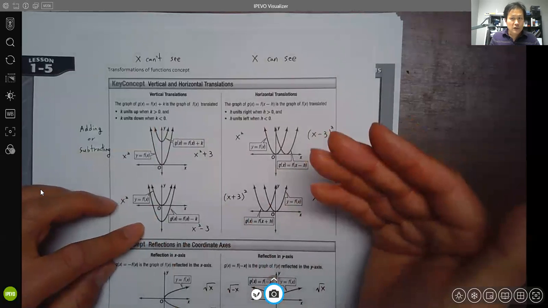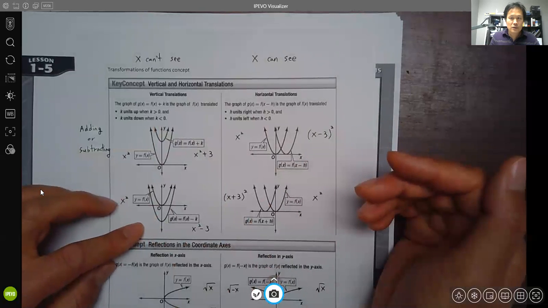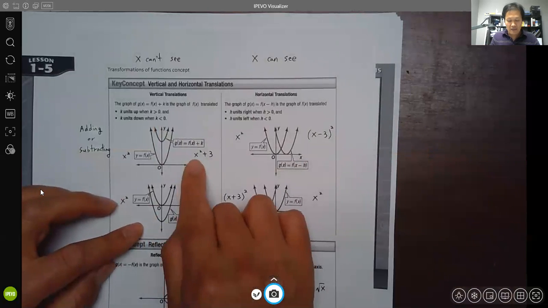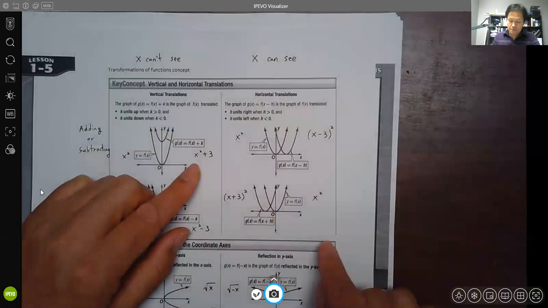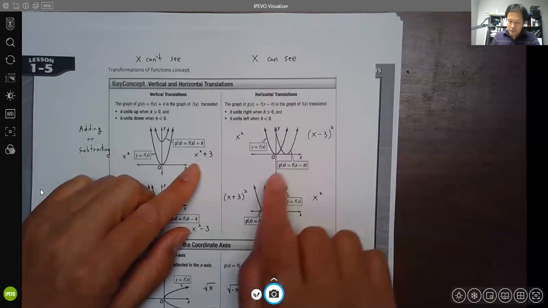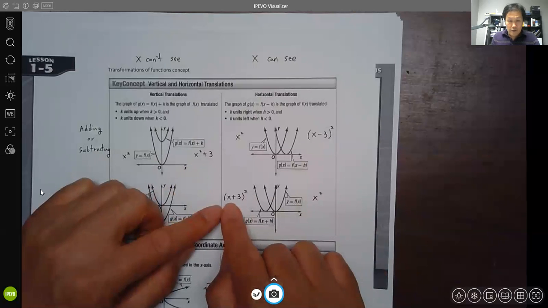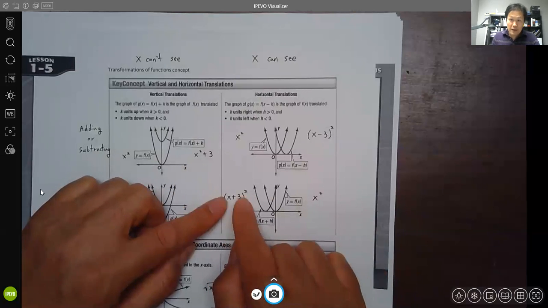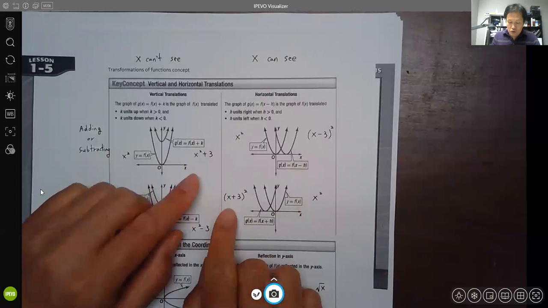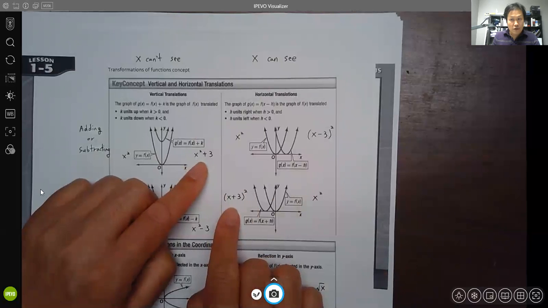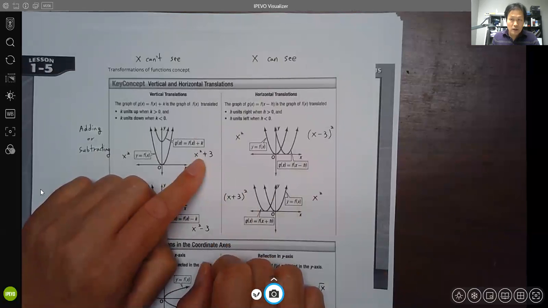Okay, some of you still might say, I still don't understand what you mean by x cannot see 3. Here's a horizontal shift. If you have x plus 3 in parentheses squared like here, look at the difference in structure between this and this. This, x cannot see 3.